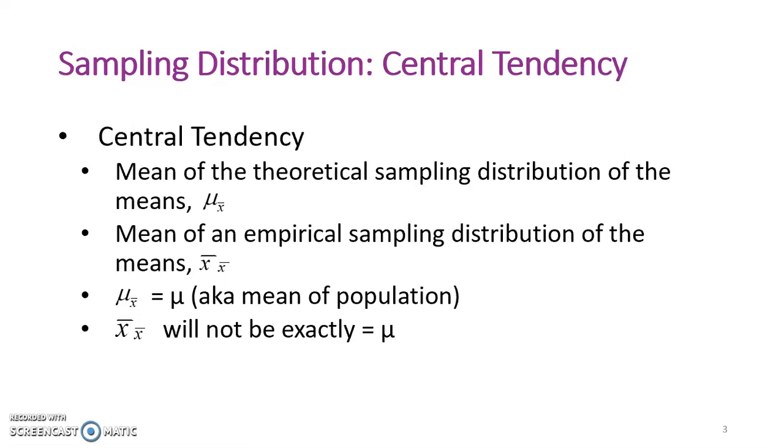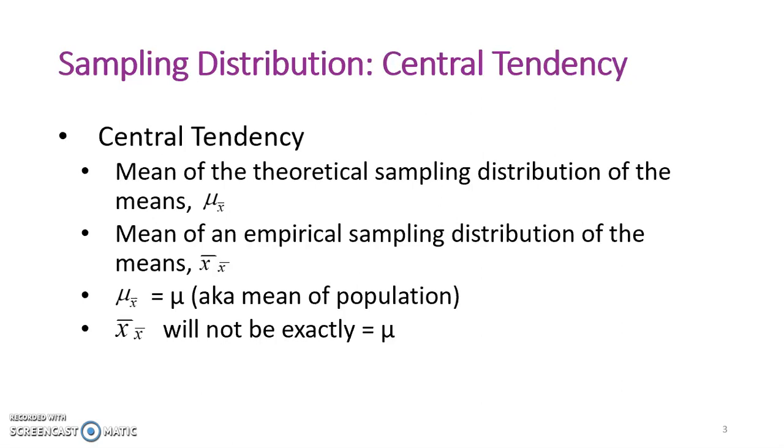The mean of an empirical sampling distribution of the means, the one that comes from actually resampling and plotting the means, is represented by x bar with a subscript of x bar to represent the sample mean of the sample means. This is because we're actually computing a large number of means and then taking the mean of those means in the sampling distribution.